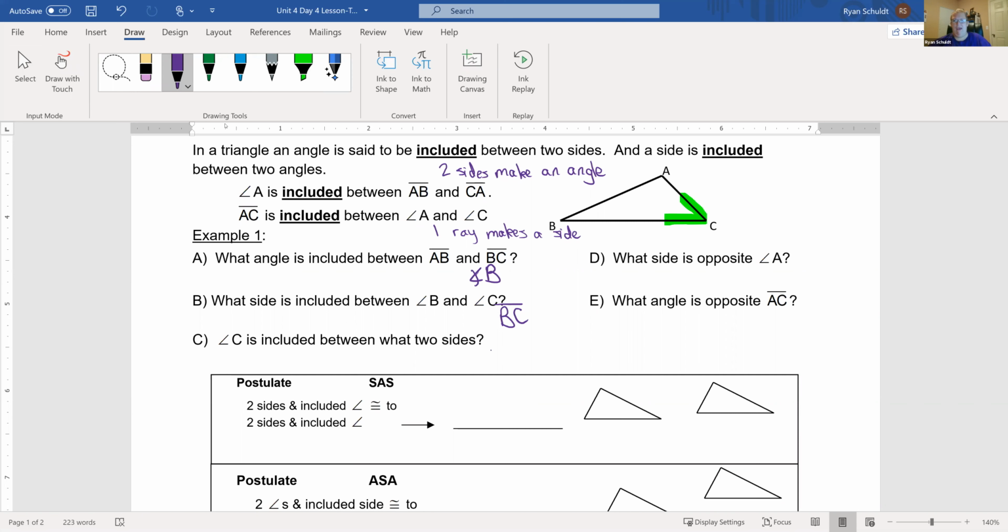Well, we have AC and we have BC. Those are the two sides that make that angle, AC and BC.